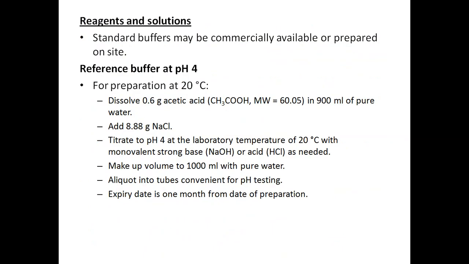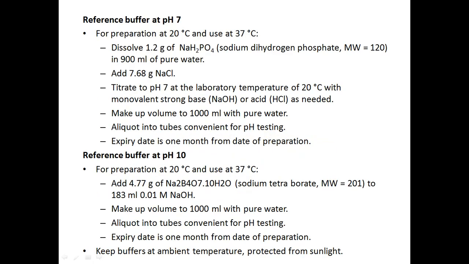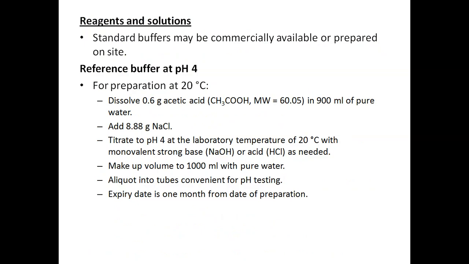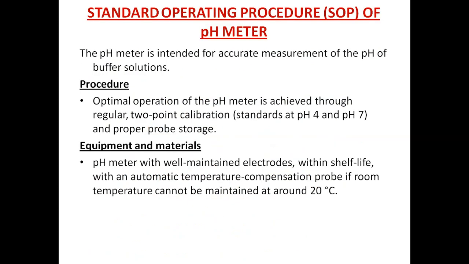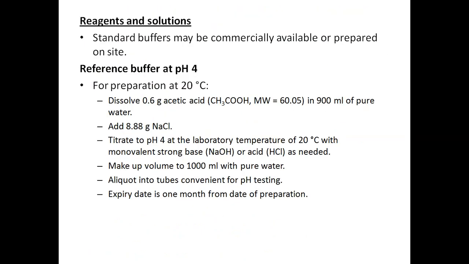Yeah. So again, I would like to tell you about the calibration. We have made 3 buffers here, one of pH 4, one of pH 7, and one of pH 10. Before taking our readings of the given solutions, we always calibrate our pH meter.